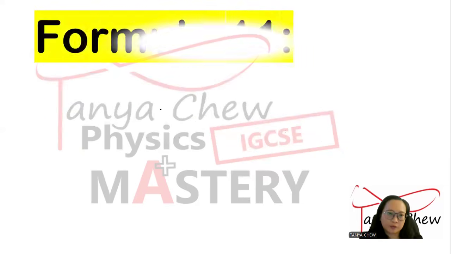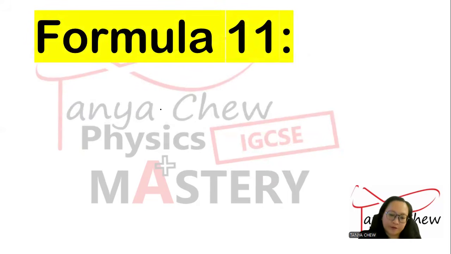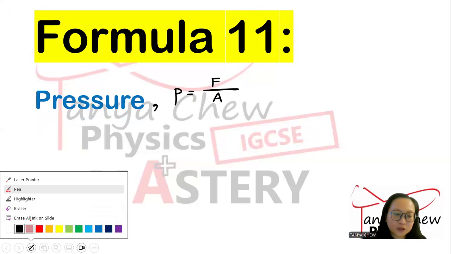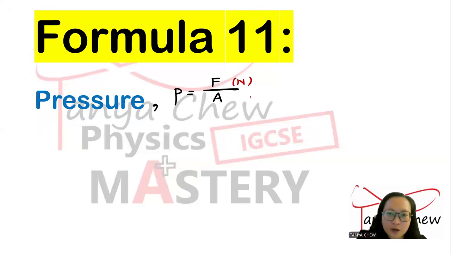The next one, formula number 11, pressure. The definition of pressure is that pressure is equal to force per area, area of the base. The force can be in Newton, but if the area is measured in meter square, your pressure will be Pascal or Newton per meter square.